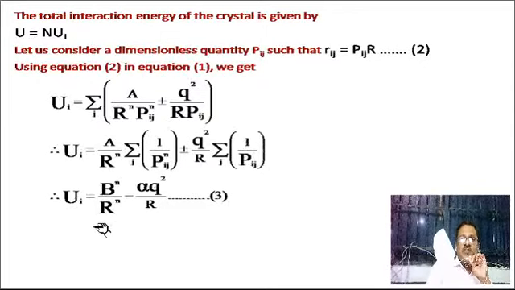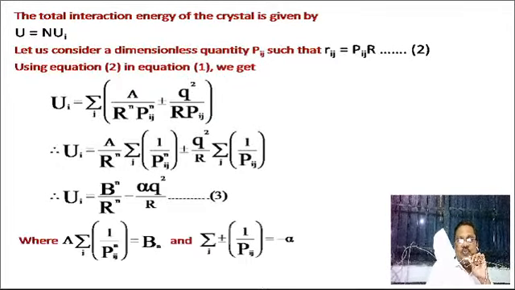And therefore, the value of Ui is Bn divided by R to the power n minus alpha q square divided by R, which is represented as equation number 3. Now this is the value of Ui. Here Bn is A summation j of 1 upon Pij to the power n, and minus alpha is summation j of plus or minus 1 divided by Pij.